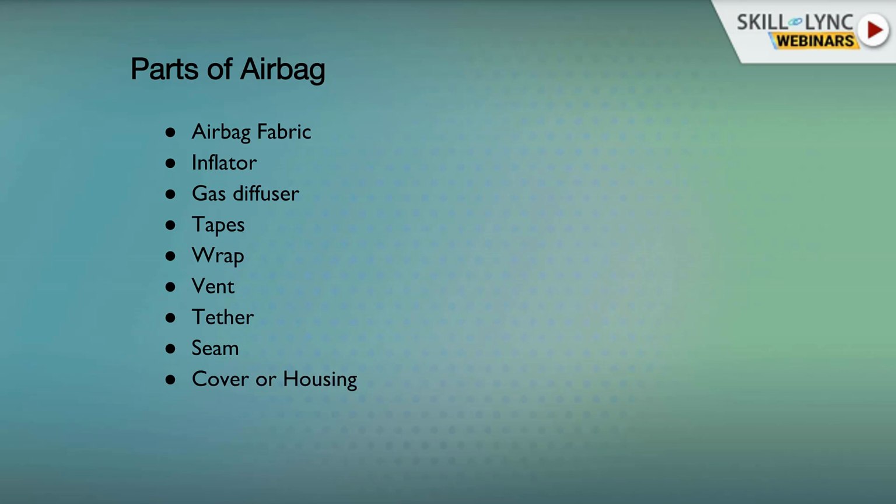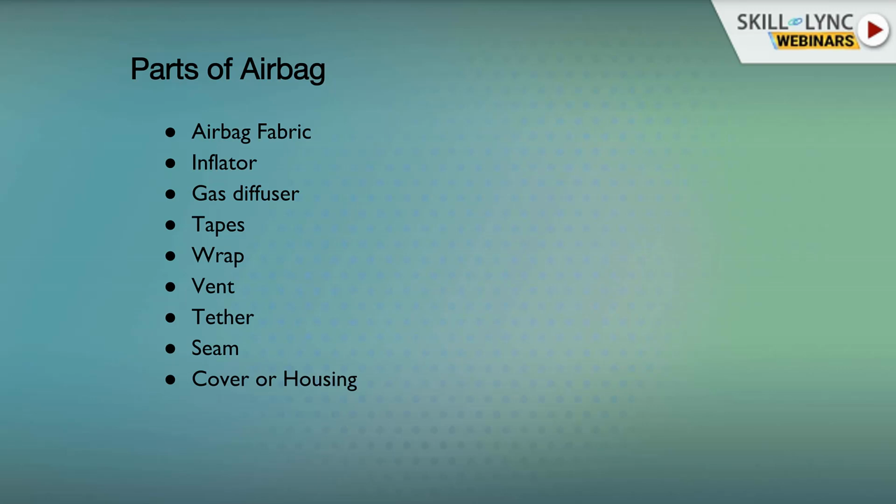Gas diffusers are generally plastic, but sometimes a fabric is also used. They guide the gas flow to which part of the airbag is to be filled first, so that it helps in a better positioning of the airbag in assisting the passenger.